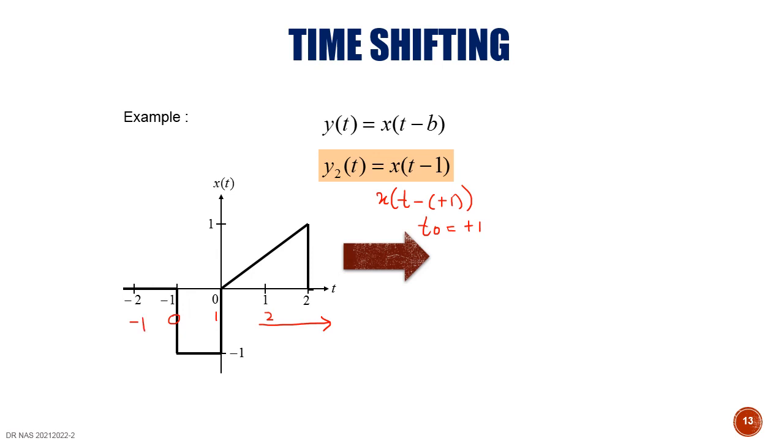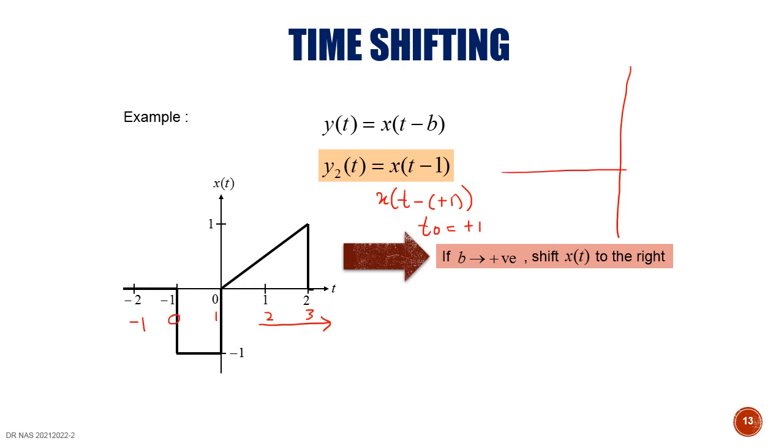So you need to redraw your signal on the new axis. So how does the signal look? Now 2 becomes 3. So you have 0, and then you have 3, and then you have 2, and then you have 1, 0, and negative 1.